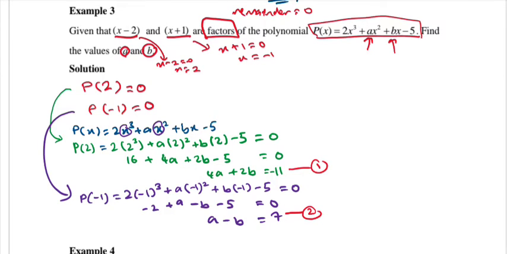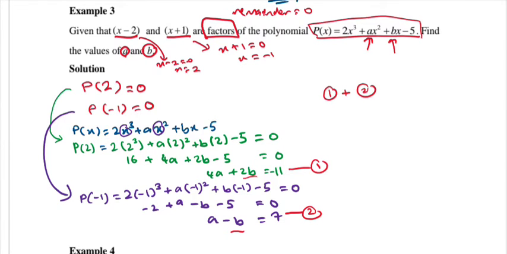To solve these two simultaneous equations, you can use substitution, or you can also use the elimination method. I prefer the elimination method. So now I would like to eliminate the element b, because I can see that there's a positive b here and a negative b there. So I can just use the addition sign.